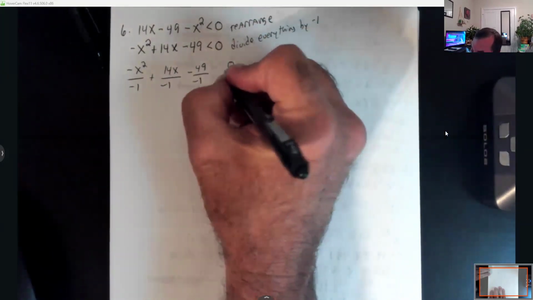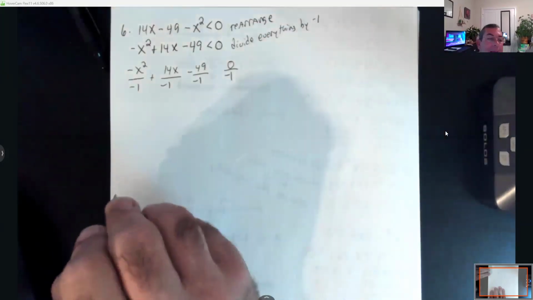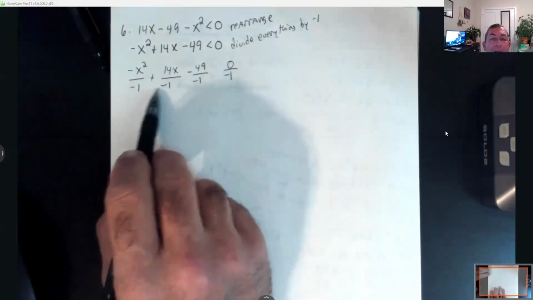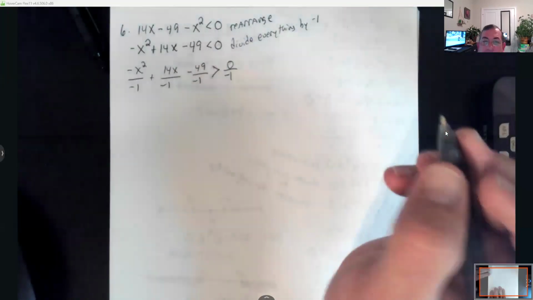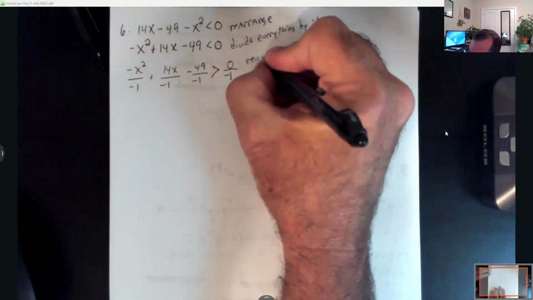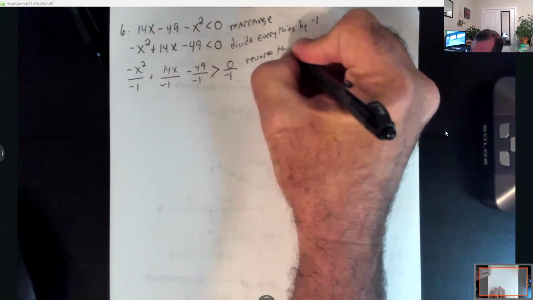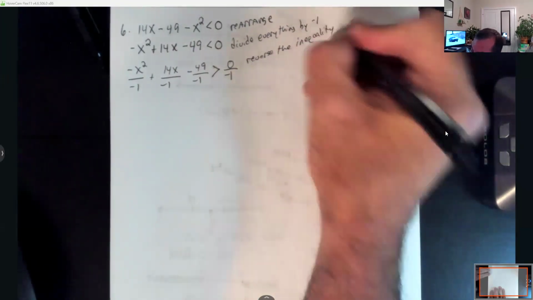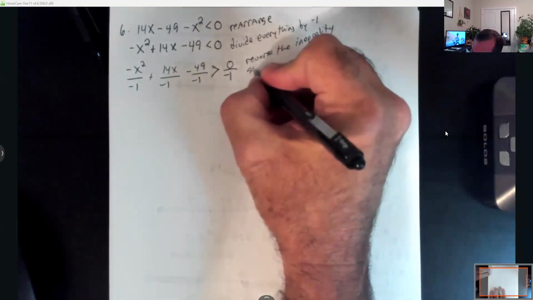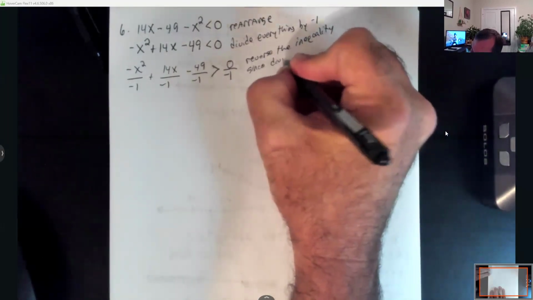And then over here is a 0 divided by -1. We're dividing by negative, so we're going to reverse the inequality. So reverse the inequality since dividing by negative.